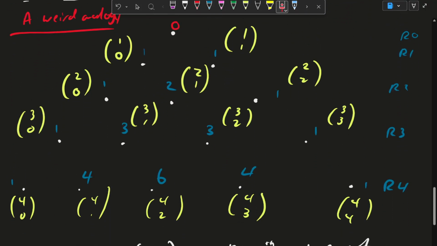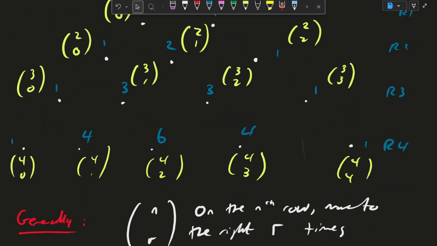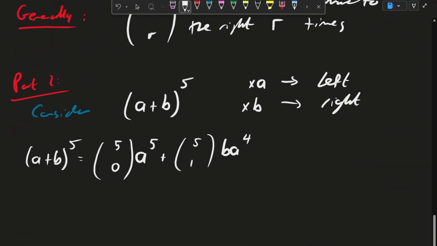A way we can motivate this is even in the case of 4 choose 2. We move to the right twice, so that means we have to move to the left twice in order to get that exact peg. Then for the next term, we can have 5 choose 2. We move to the right twice and the left 3 times. And so on.